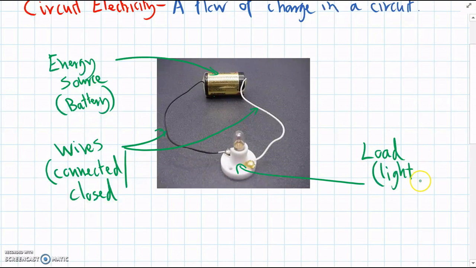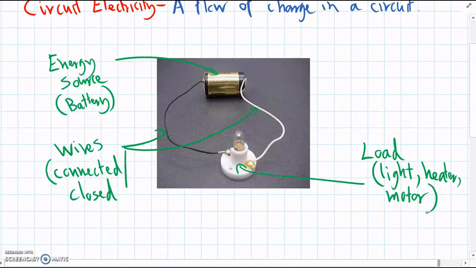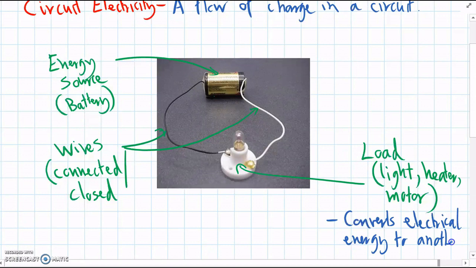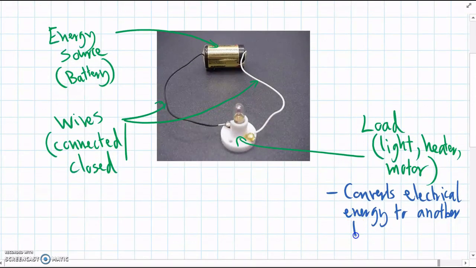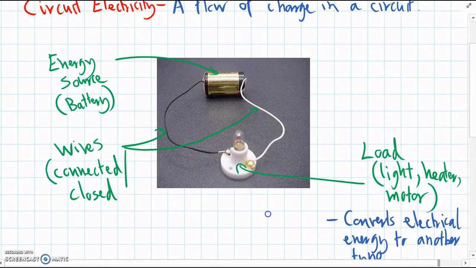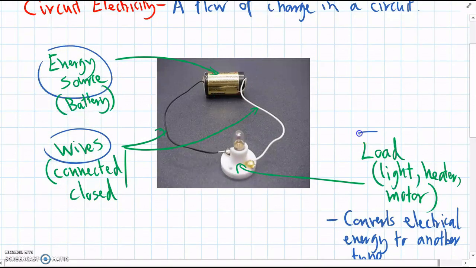So the load, it can be a light, or it can be a heater, or a motor, anything that's powered by electricity, as long as it converts the electrical energy to another type of energy. So as long as we have all these three features, an energy source, wires, and a load, that's what we need for a circuit.